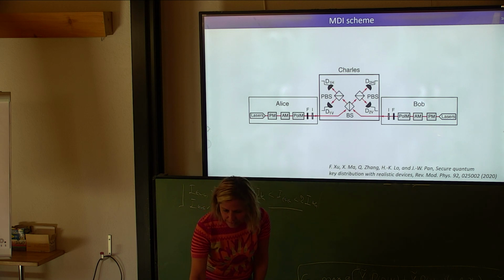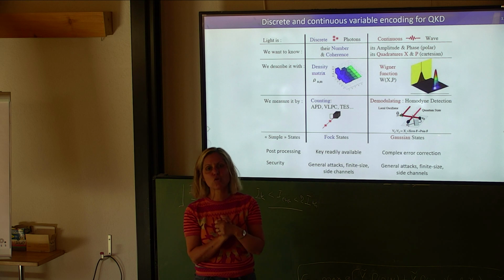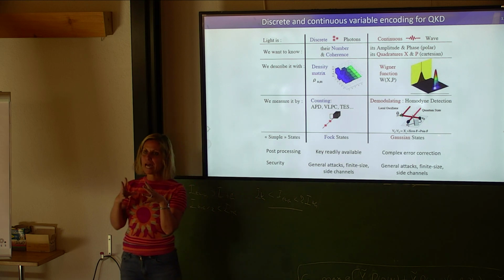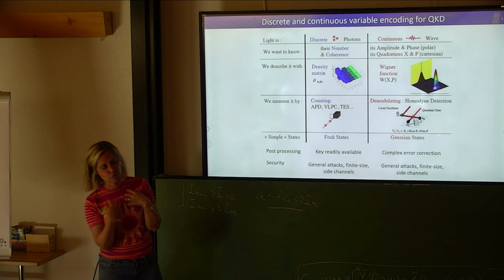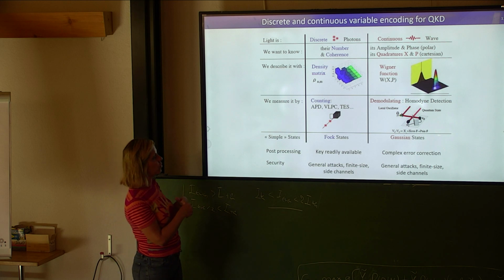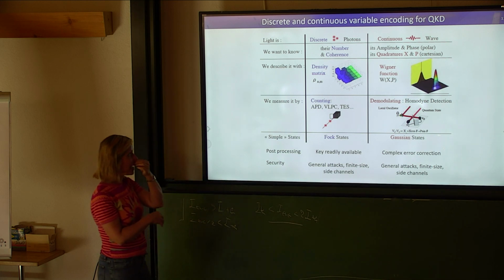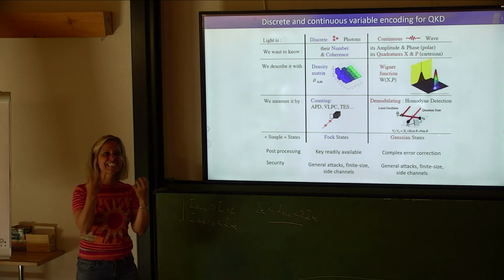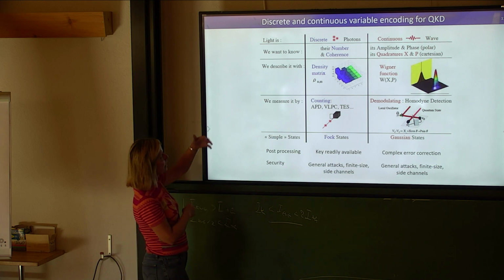I don't have any more written slides, just a couple of slides. I did not want to leave you without saying a few words about continuous variable QKD. I know it's not going to be a lot from an experimental point of view. There is a whole world of security analysis of continuous variable protocols, but I just wanted you to not leave the school without having seen just a little bit of the encoding in continuous variables.